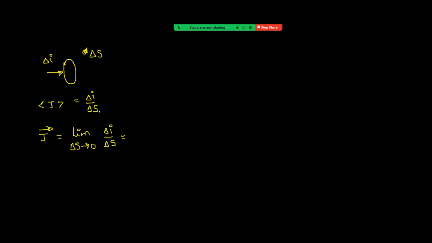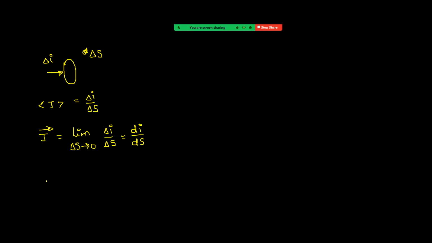In the same way, first we define average current density, then we define current density, which is equal to dI by dS. So here we have taken that current is passing normal to the cross section.